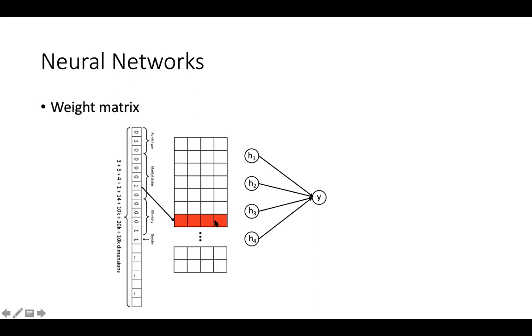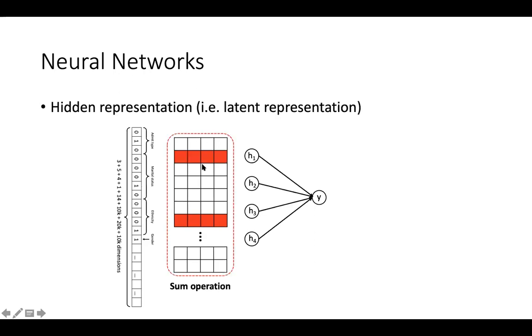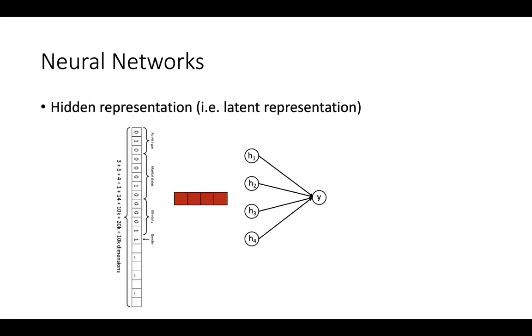It just means that this row is weighted by that amount. If it was 2.5, it's just 2.5 times this row, and that's it. Again, the same principle: if the feature is 0, that row is not used.